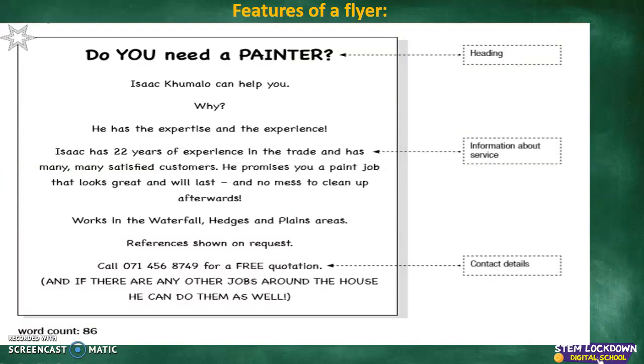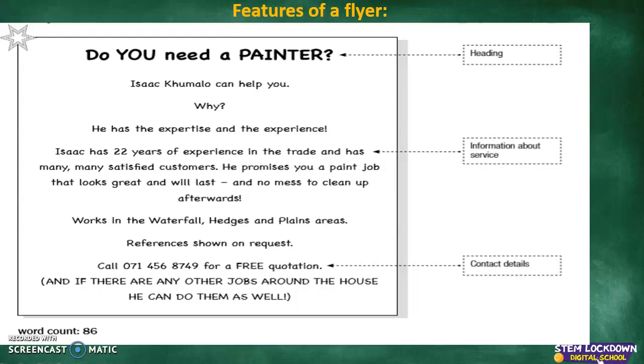Here's a feature of a flyer. A flyer starts with a heading, for example, do you need a painter? Then your information about the service. So you'd have the heading. Isaac Khumalo can help you. Why? He has the expertise and experience. Isaac has 22 years of experience in the trade and has many satisfied customers.